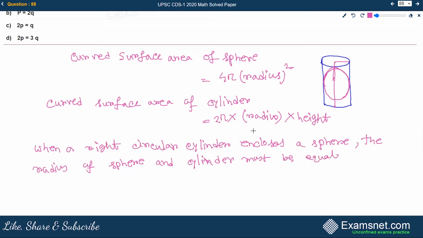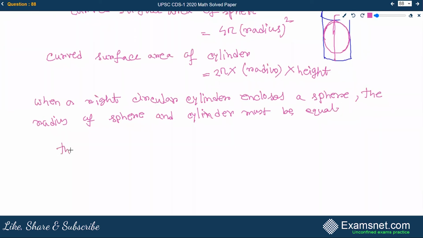And what will happen with the height? So here the height of the cylinder is equal to the diameter of the sphere.